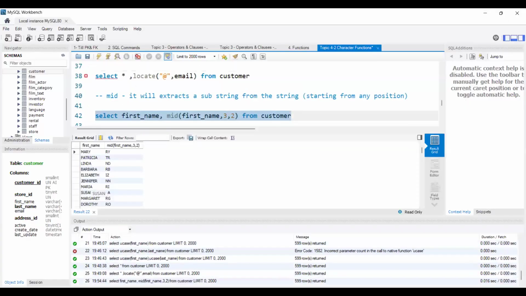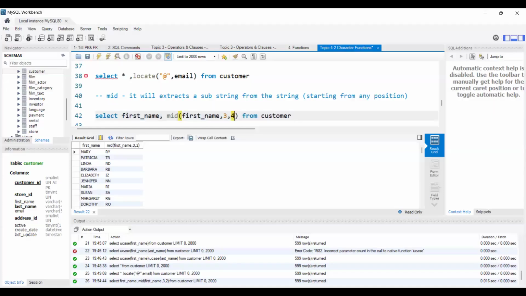See, this is my first name. Here I'm saying I want to extract starting from the third position, 2 characters. Here my third position is R, right? We count the third position and fourth position like that. Starting from 3, we are extracting two characters. Am I clear?